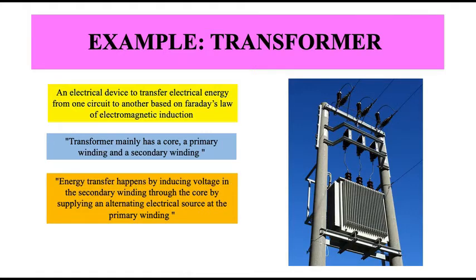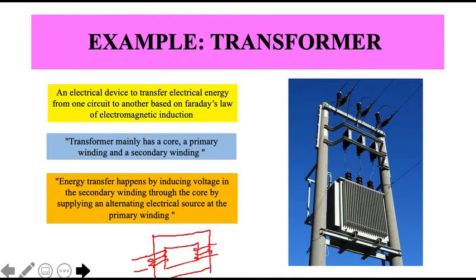So if I just quickly draw a very small diagram of this, this is my core, this is my primary winding, this is my secondary winding, I have a voltage source Vi, I have a load voltage V naught, which will get generated.